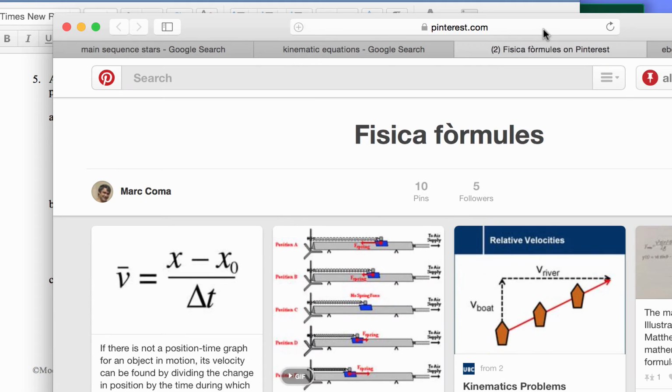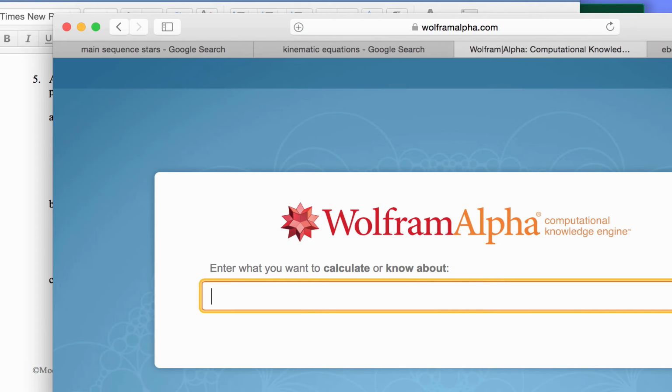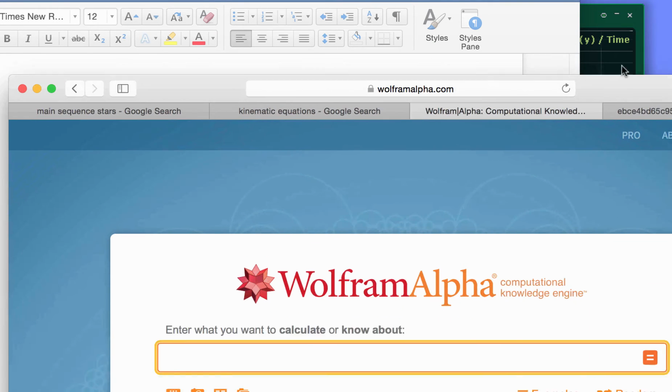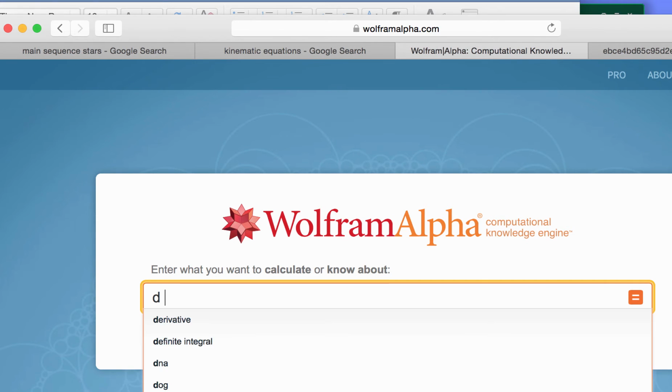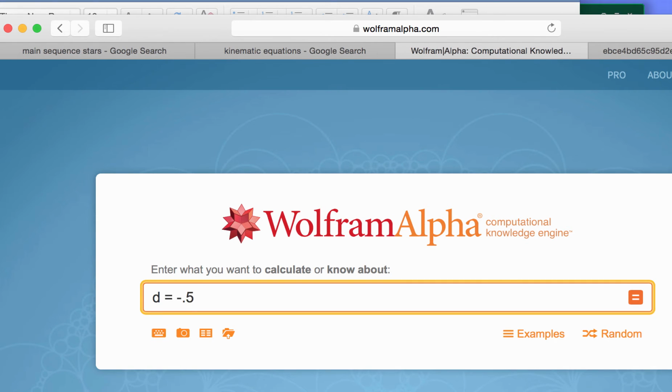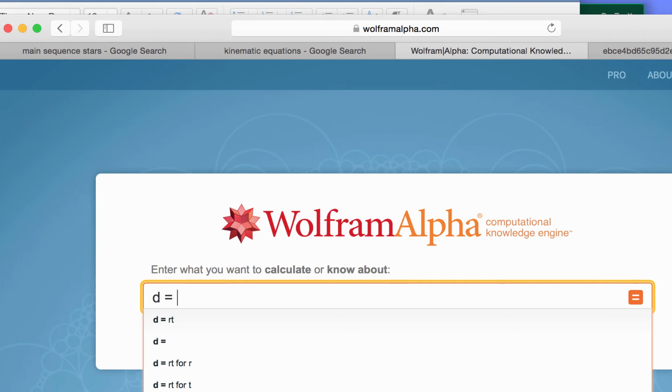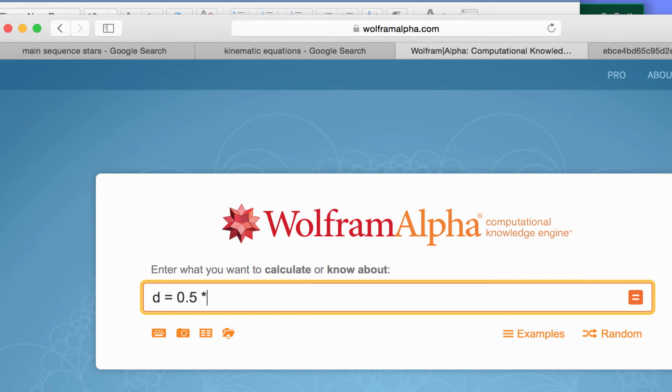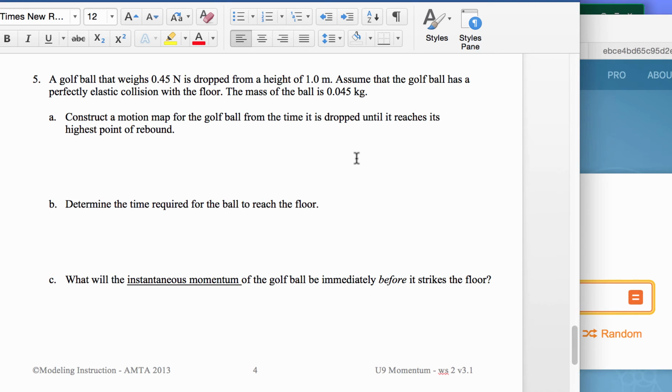And I'm going to use the solver thing, just in case you're not good at the math. So the equation is the distance is 0.5 times the acceleration of the ball due to gravity, which is 10 meters per second squared, and that's times time squared. And do I know the distance it's going to fall? 1 meter.